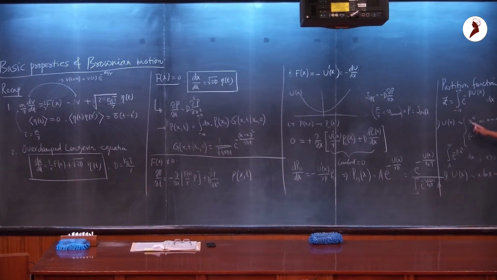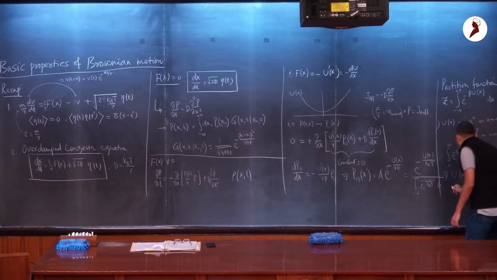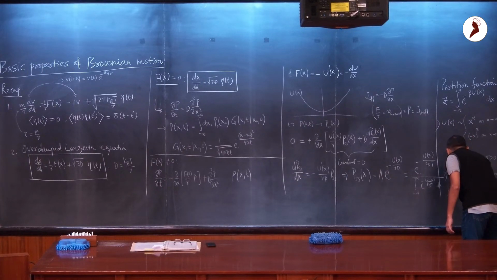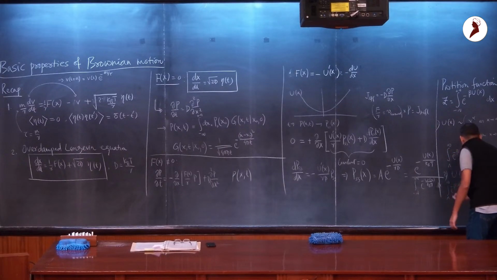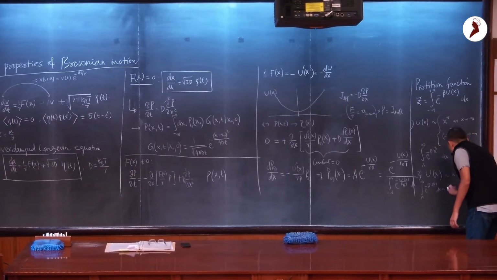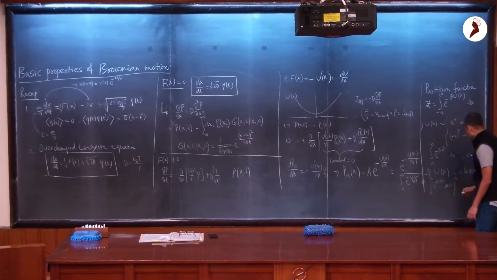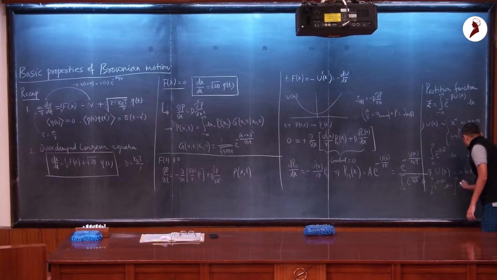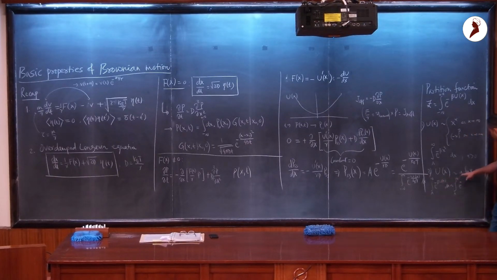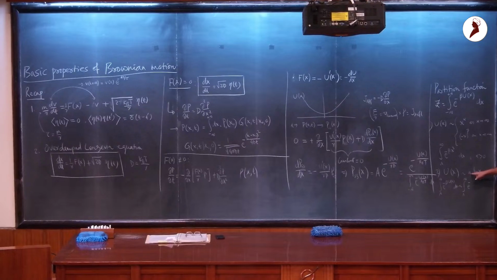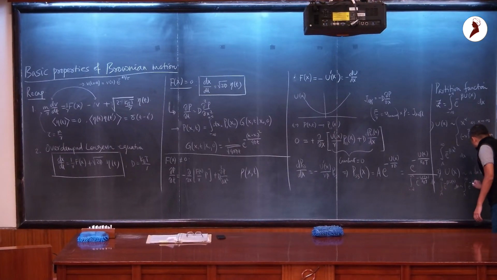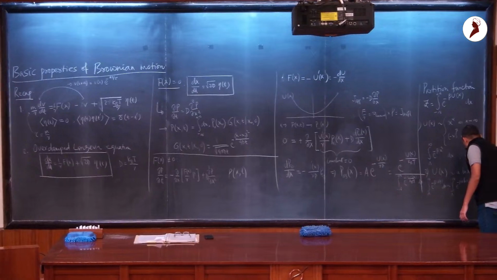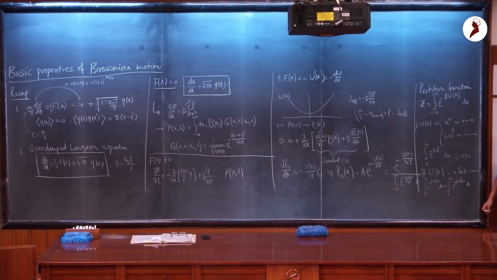So what is this integral now? If I look at this integral, exponential of minus beta u of x dx from some lambda to infinity, it goes like the integral from lambda to infinity of exponential of minus beta a log x dx.